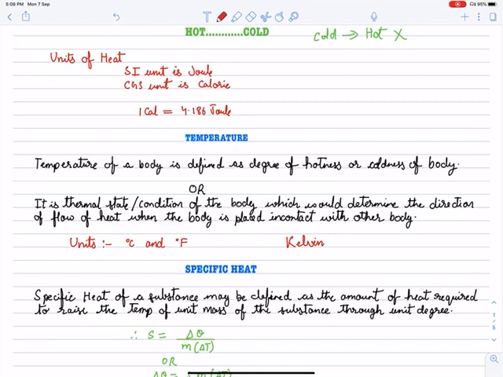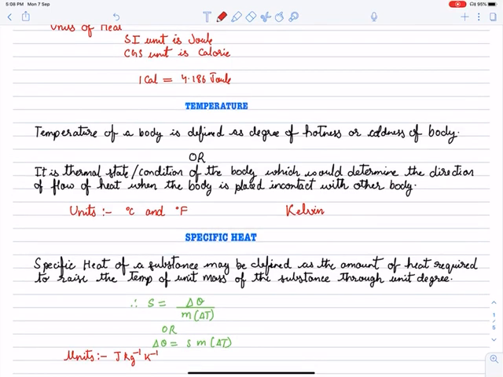It is the absolute temperature scale. At this point you do not need to know what the absolute temperature scale is, but you can remember that temperature is measured in degree Celsius, degree Fahrenheit, and Kelvin. In numericals we will mostly use degree Celsius.